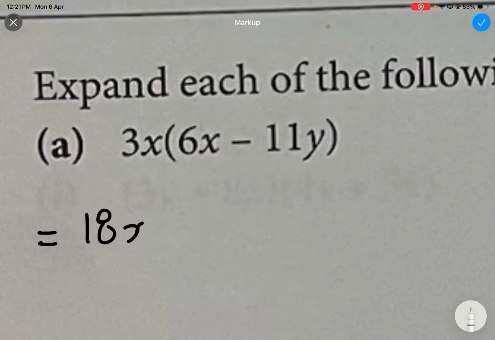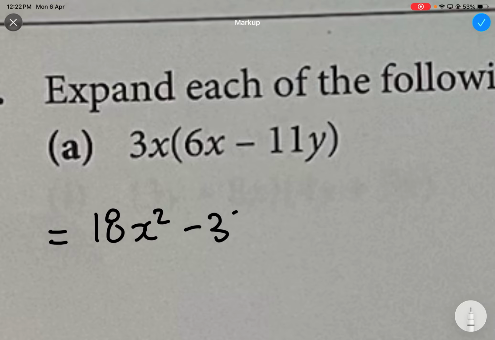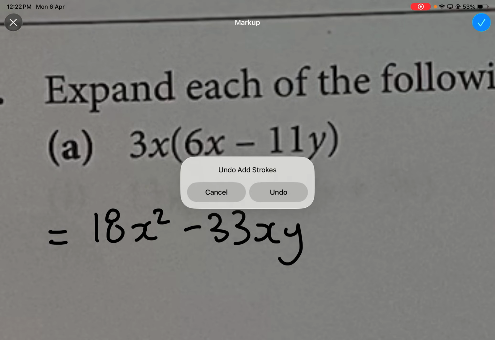X times x, x squared. 3x multiply negative 11y. So positive and negative here must be negative. 3 times 11, 33. X times y, still x times y. Cannot be simplified, so just xy.